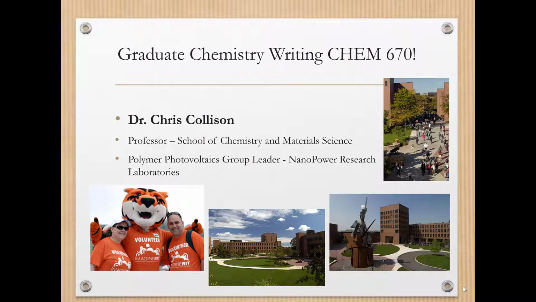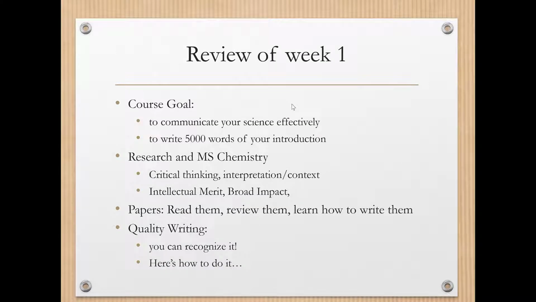So let's take a look first of all at what we accomplished in week 1. Let's remember that our course goal was to communicate our science effectively, and another outcome of the semester will be to have written 5,000 words for the introduction to your thesis or for your formal research project report.